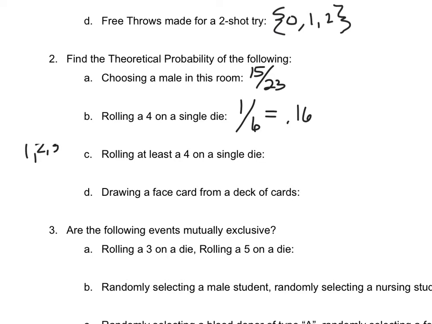Never mind. At least a 4 is 4 and above. So I could roll a 4, a 5, or a 6. How many possibilities are there of me rolling at least a 4? Well, there are 3 possibilities. And how many possibilities total are there? There are 6, so this would be 0.50.